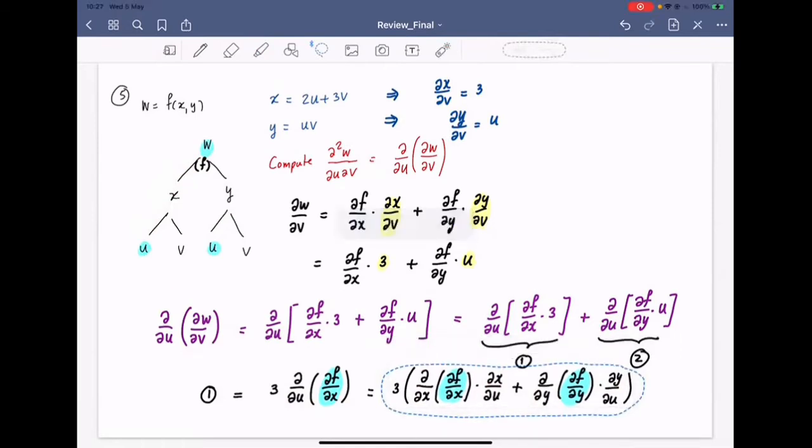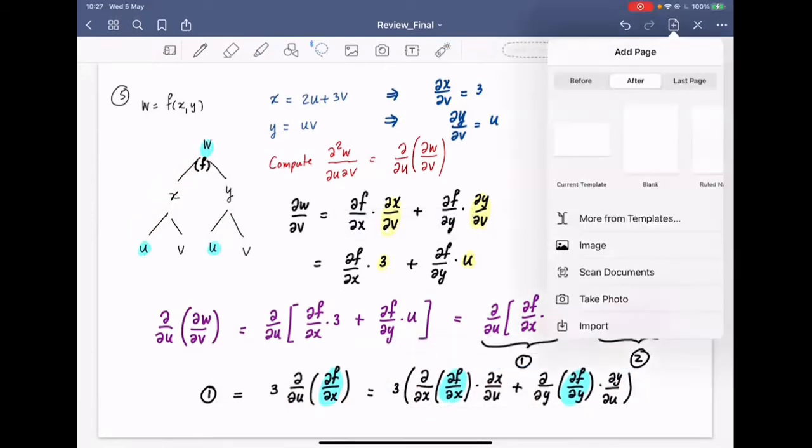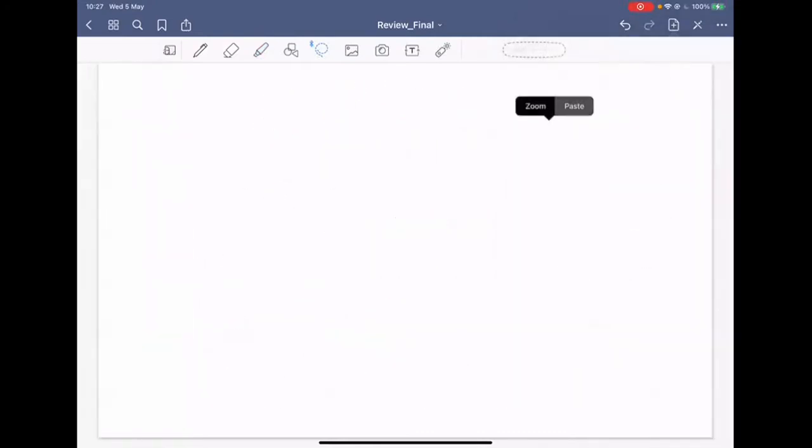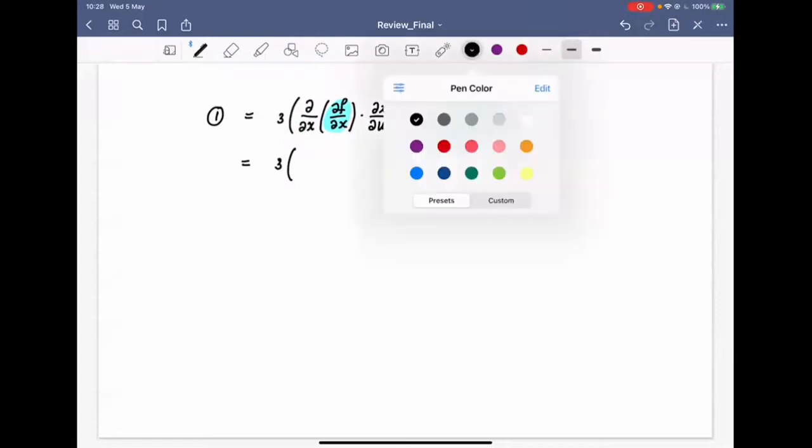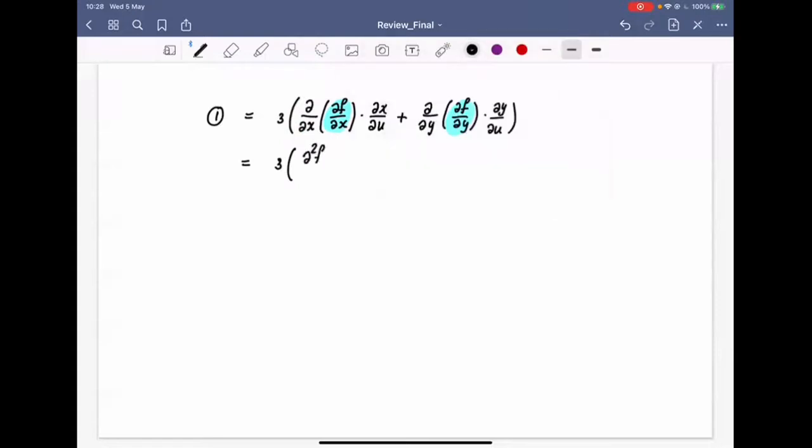Keep in mind, this is similar to what you're going to see in the example. Here we're going to say that this is term number 1. So you're going to have 3 times the term that I have here first. If you rename it, you get differentiate 2 times f, differentiate x squared here. This is the notation for that.